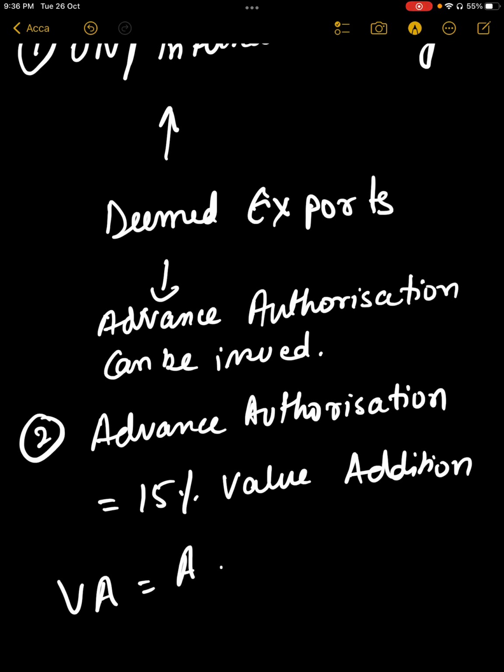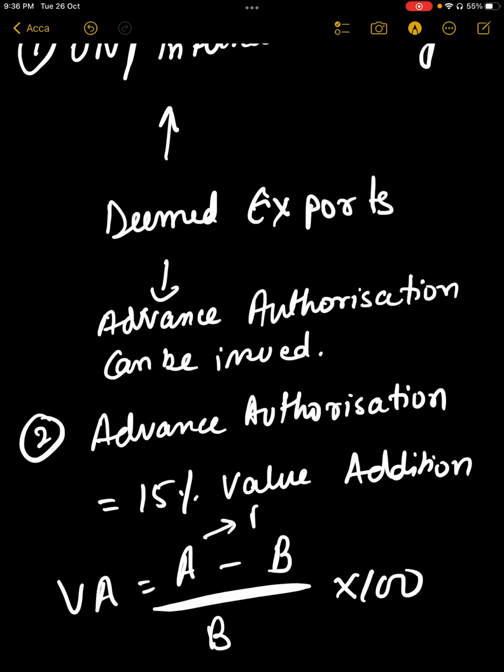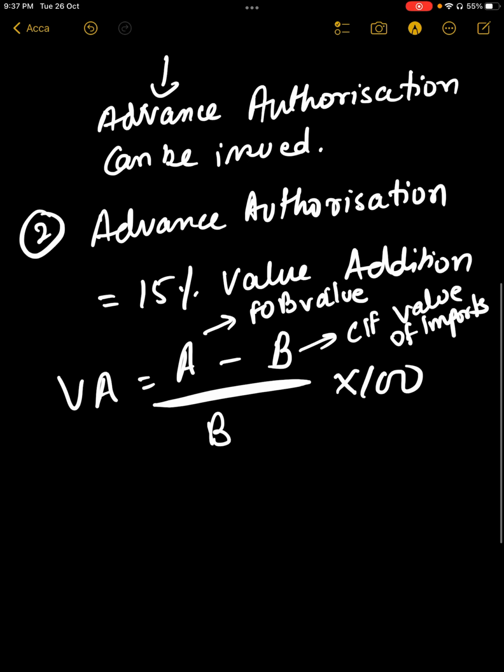The formula is (A minus B) divided by B into 100, where A is FOB value of exports realized and B is CIF value of imports covered by authorization.